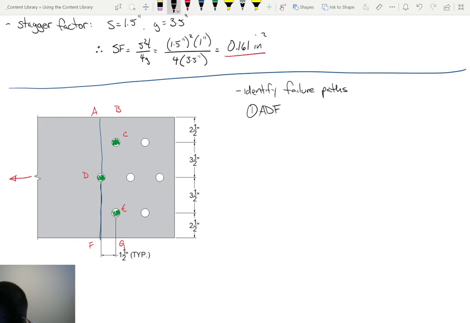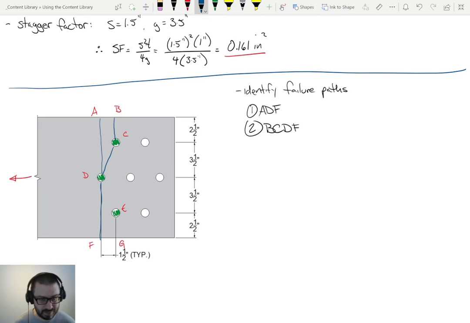Another failure path is B, C, D, F. So B, C, D, F would be failing like that, and then failing down. Again, if I fractured the plate along that blue line, B, C, D, F, it would completely separate the plate into two pieces, and it would leave all of the bolts intact.